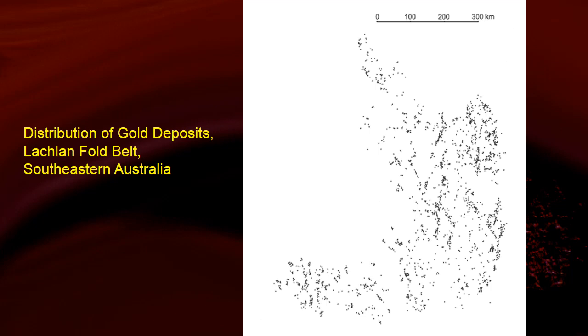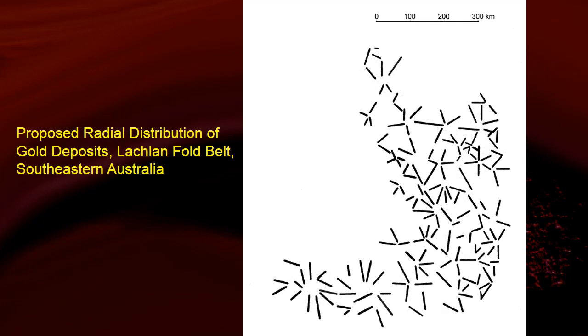The distribution of gold deposits in the Lachlan Fold Belt of southeastern Australia. The proposed radial distribution of gold deposits in the Lachlan Fold Belt, southeastern Australia.